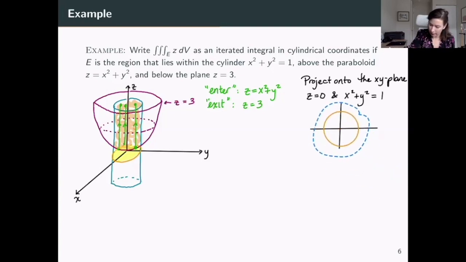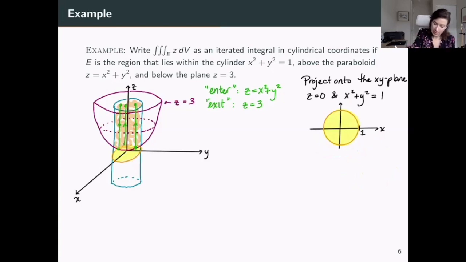We have our circle that we are looking at over the XY plane. So here we have our Y, and here we have our X. We have a nice radius of 1.